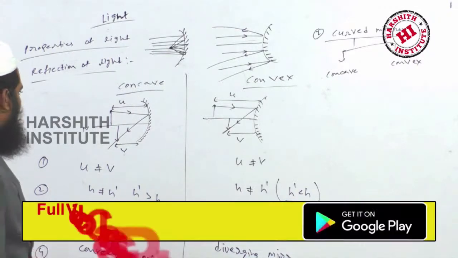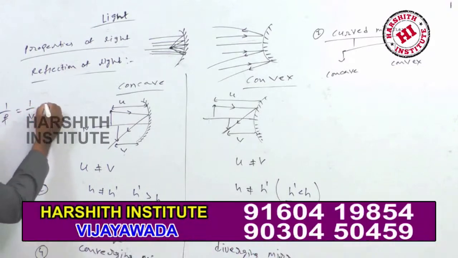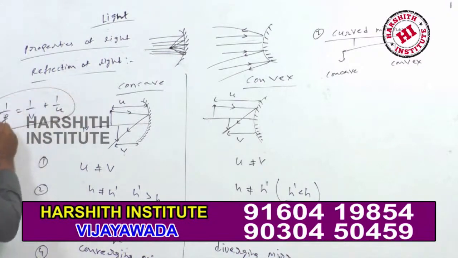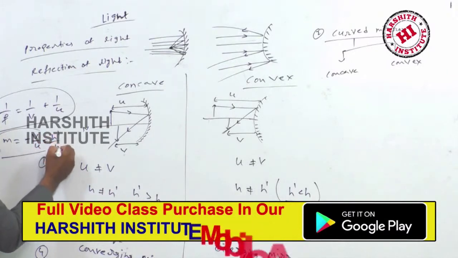Now the mirror formula is the same: 1 by f equals 1 by v plus 1 by u. The magnification formula is m equals minus v by u, which equals h dash by h.